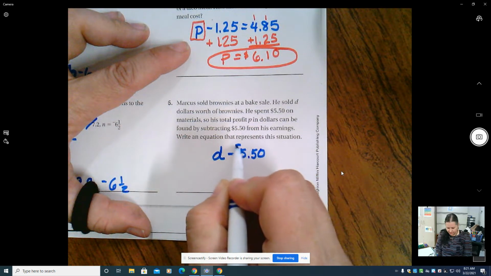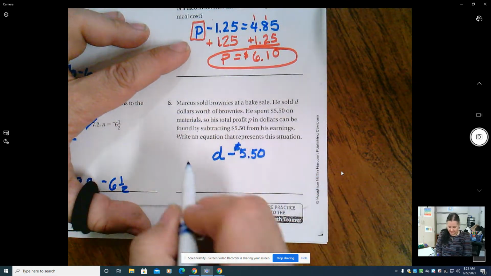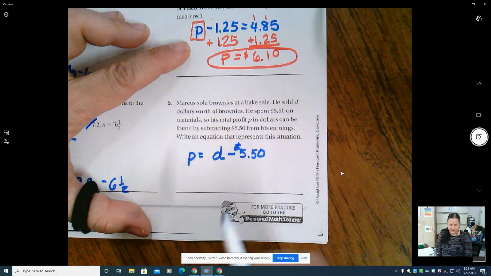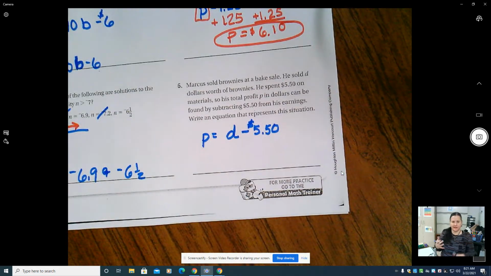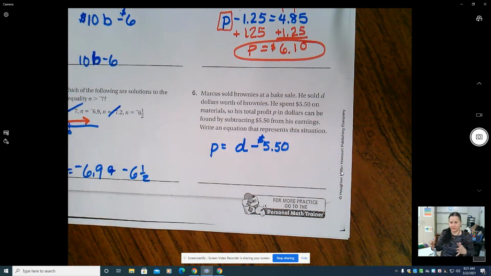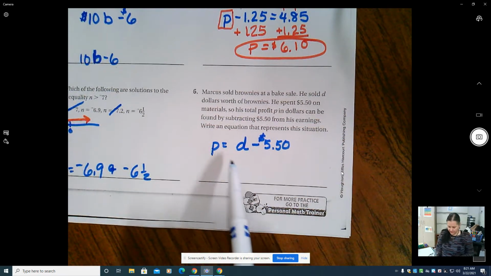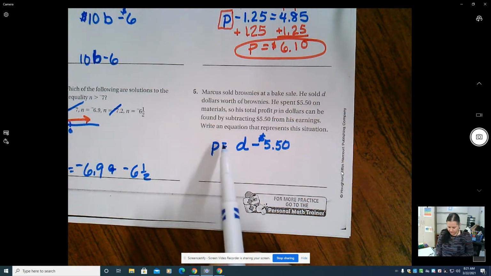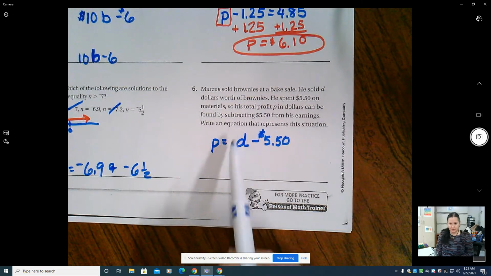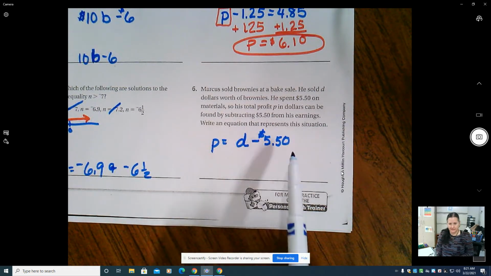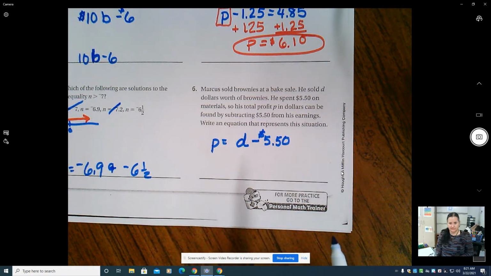In order to find our profit, a profit is the amount of money extra left over after everything's sold and then the materials are subtracted out. So here, our profit, P, would be equal to D, the amount of money, minus the $5.50 that he had to subtract for what he spent.